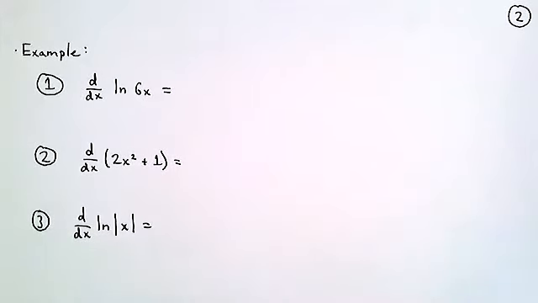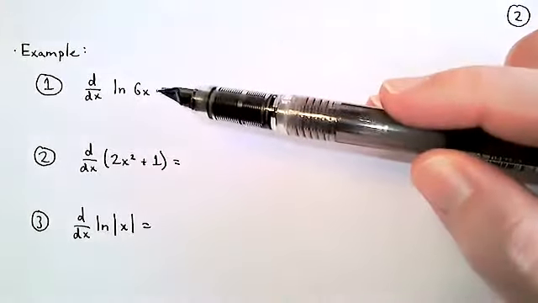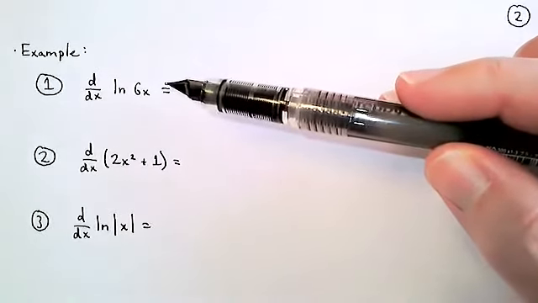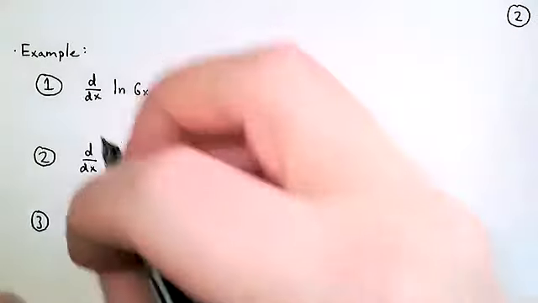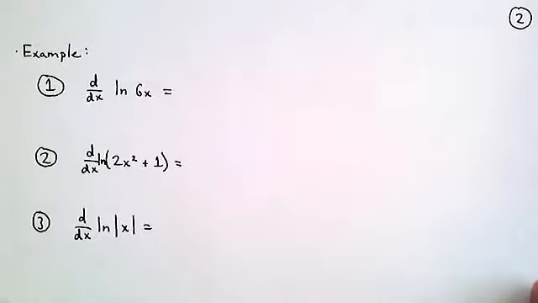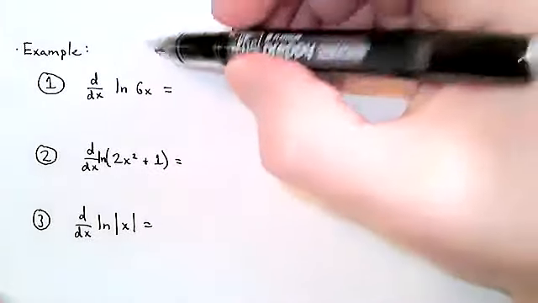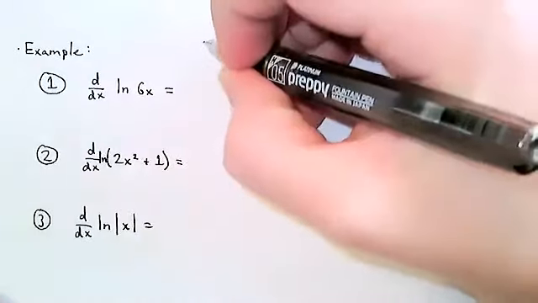So I want to take a few derivatives here. The first one, what is the derivative of the natural log of 6? Oh, and there should be another natural log there. So what technique will we need? We'll need the chain rule.